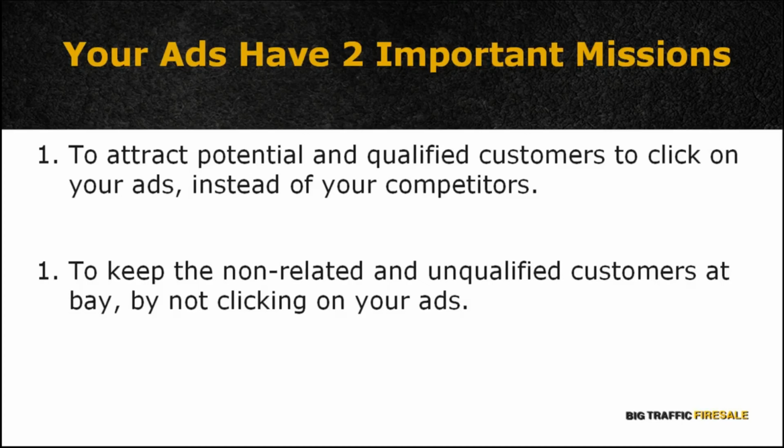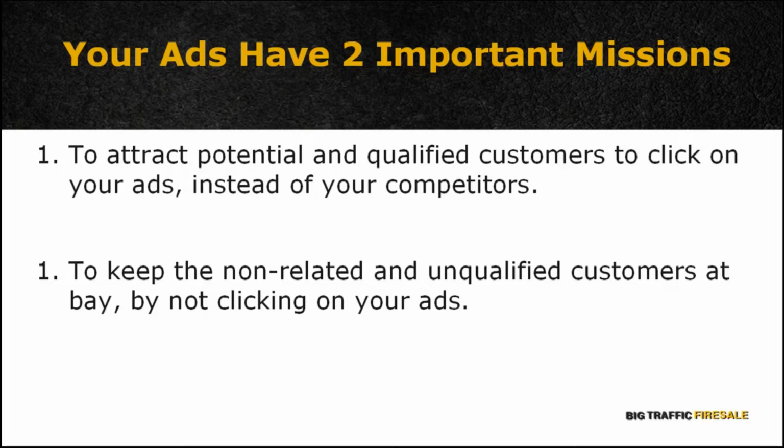When it comes to Google AdWords, most people disregard the fact that besides the traffic that you intend to generate, there will be unwanted traffic too. You must take this into account as you're paying when people click on your ads. Therefore, your ads have two very important missions: to attract potential and qualified customers to click on your ads instead of your competitors, and to keep the non-related and unqualified customers at bay by not clicking your ads.